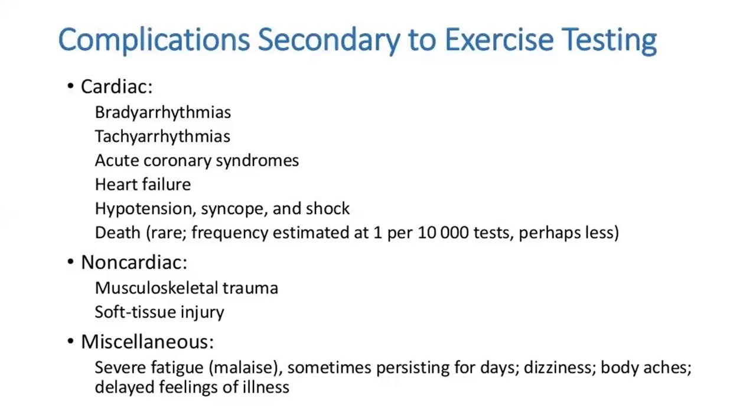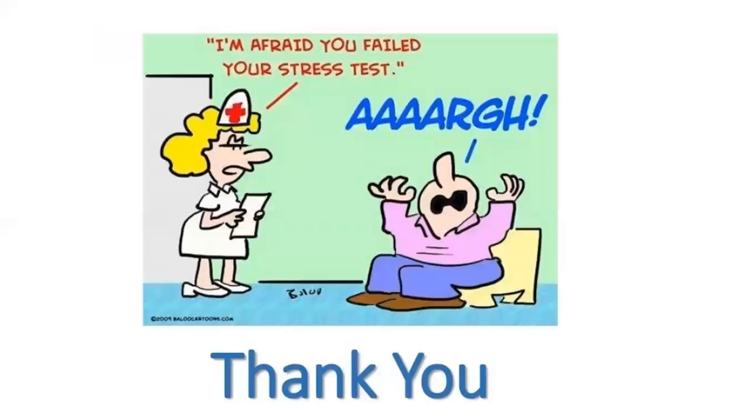These are some of the most common soft tissue injuries. And next is miscellaneous, which includes severe fatigue, sometimes persisting for days, dizziness, body aches, delayed feeling of illness. Thank you.